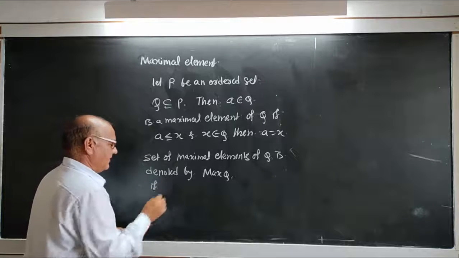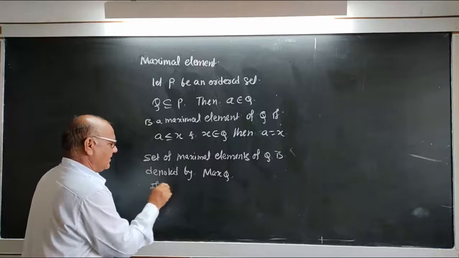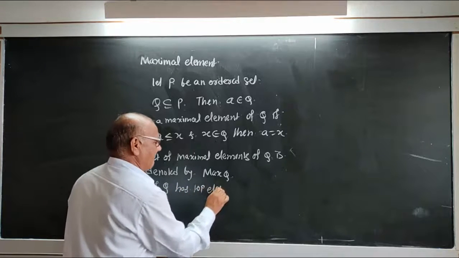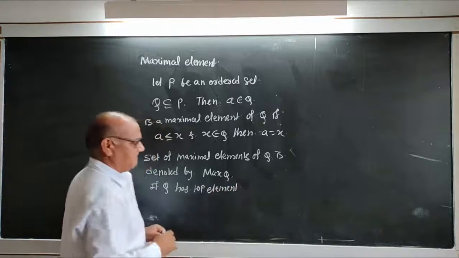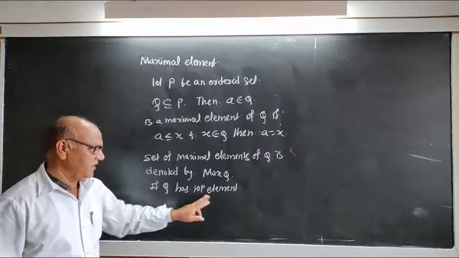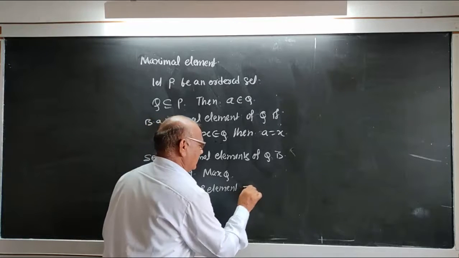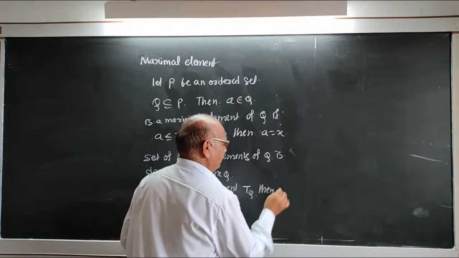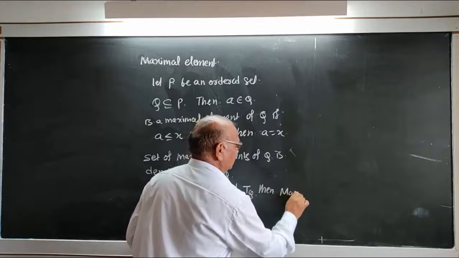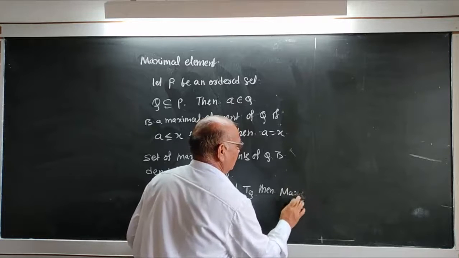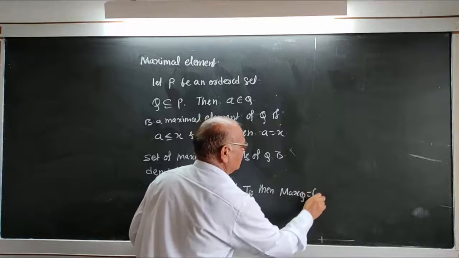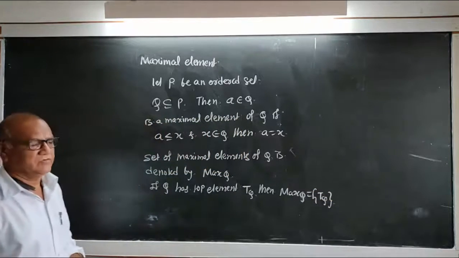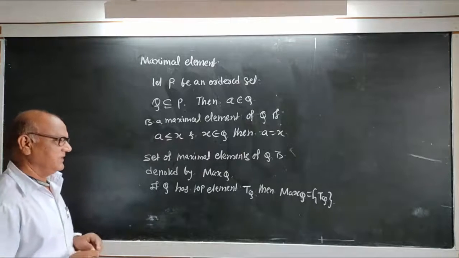If Q has a top element TQ, then max Q is equal to singleton TQ. That means only one maximal element.